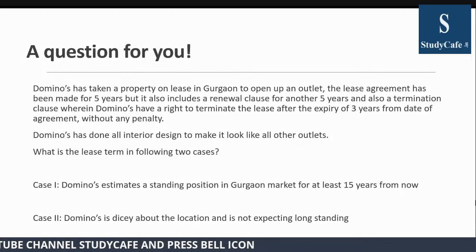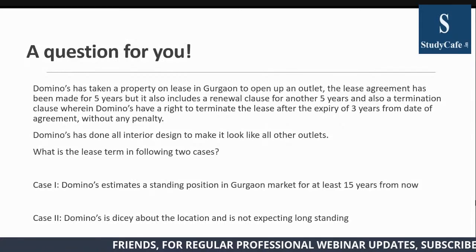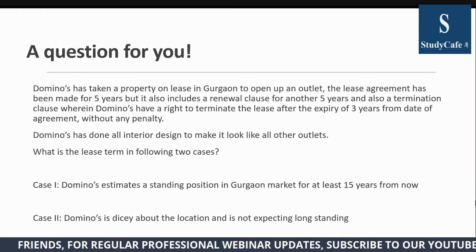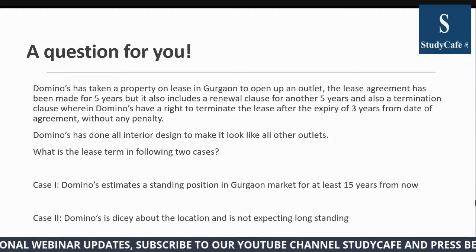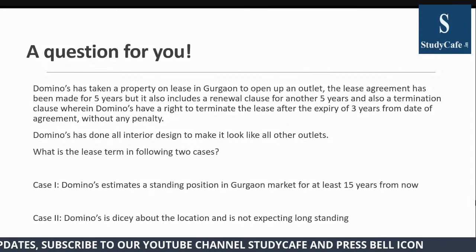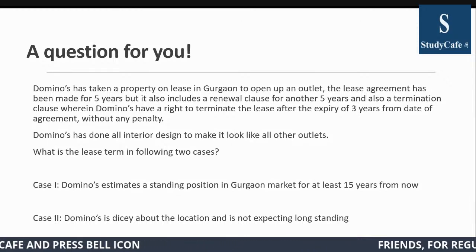In this case, there is a 5 year term along with a 5 year renewal clause and a 3 year termination clause. Domino's is dicey about the location. They've just started with their property in Gurgaon, and they are not expecting to stay there for a long term. So, what will be the lease term in case 2?